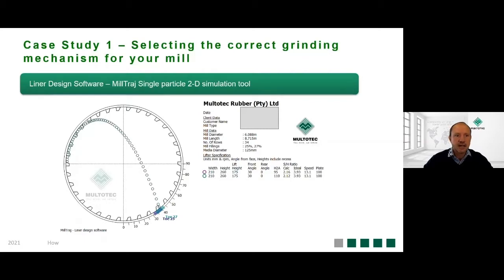And we use the finite element method, and that is to verify the structural integrity of the liner design. So let's have a look at Multotec. It gives you a single particle projection based on the geometric properties of the mill, as well as the basic geometric properties of the liner. It will also calculate the position of the toe based on the volumetric charge level.